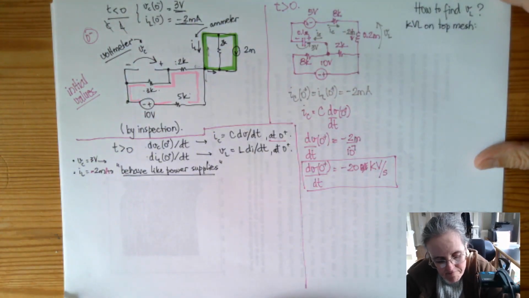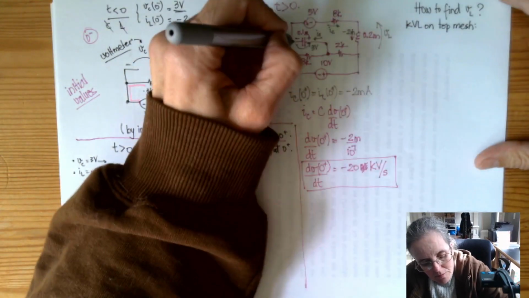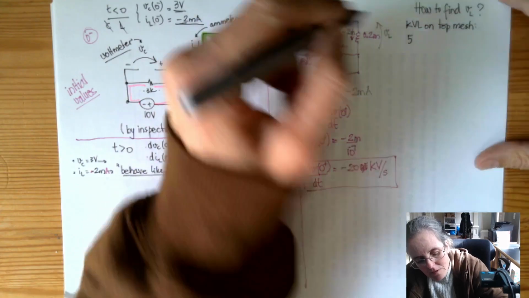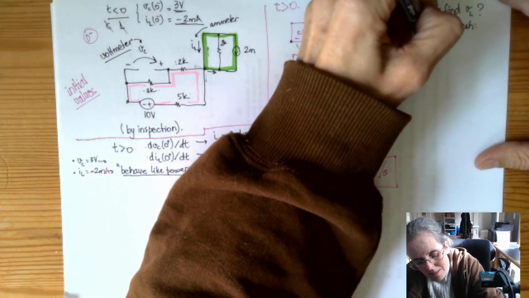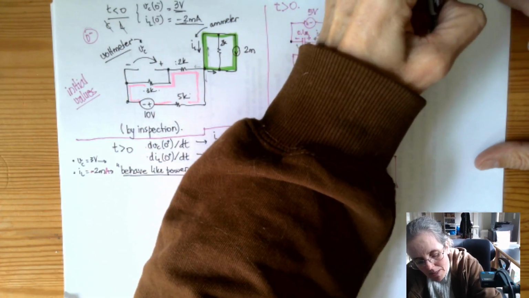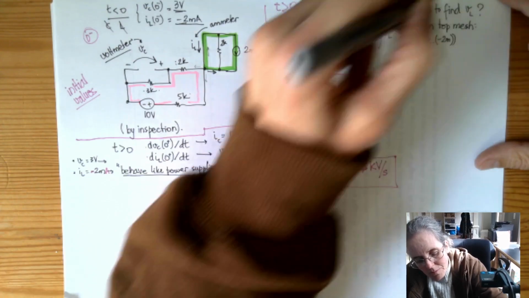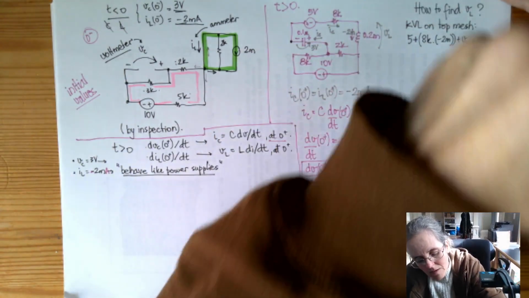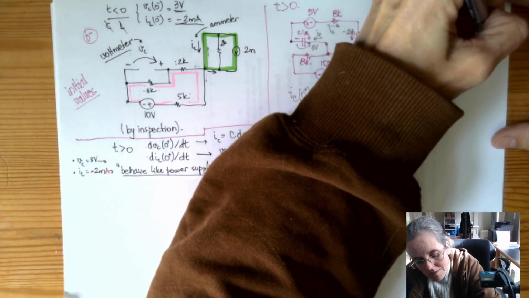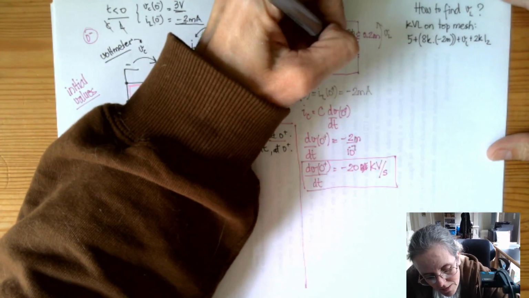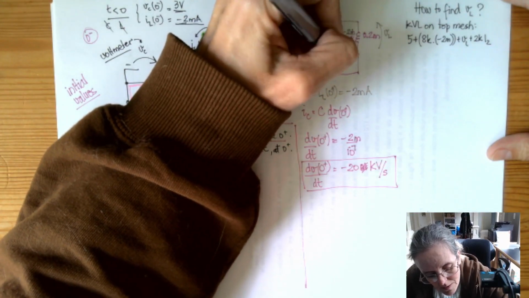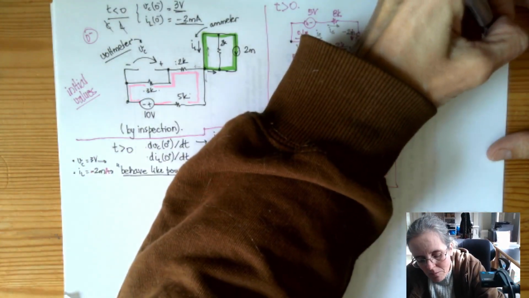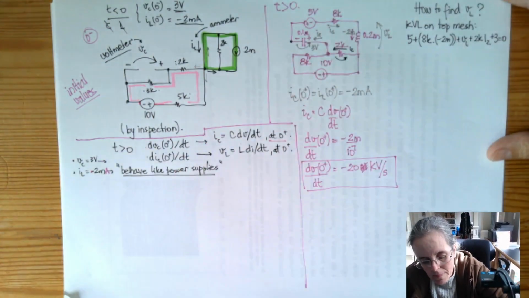I'm going to start from the bottom left: 5 volts plus 8K times minus 2 milli, that's the voltage drop across this, plus VL, plus 2K times I2, where this is I2, plus 3 equals 0.